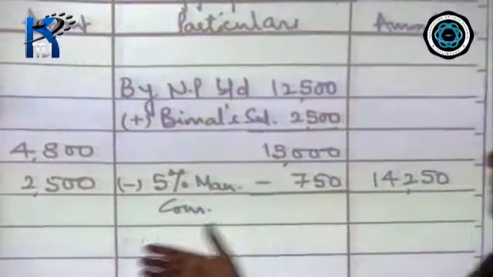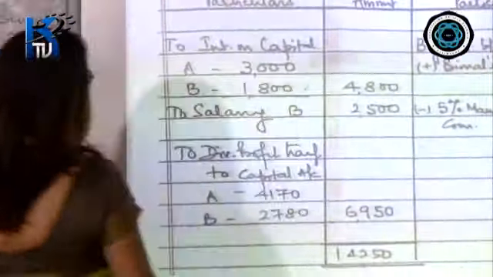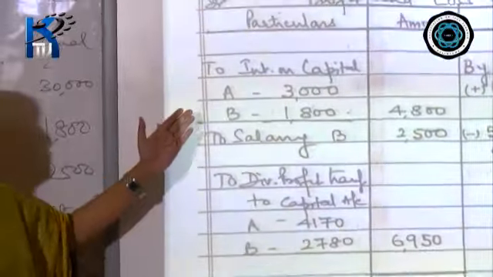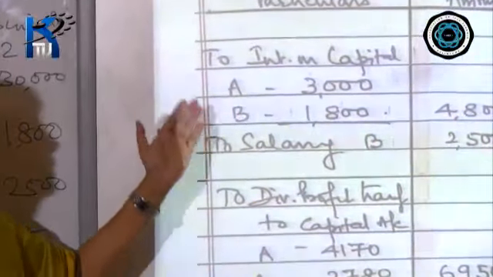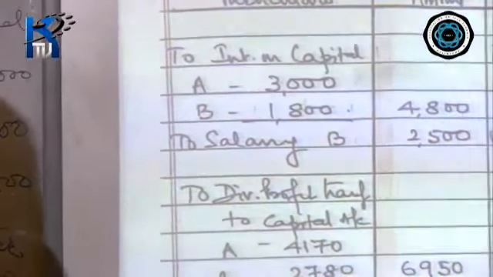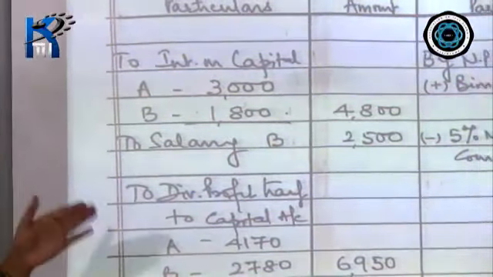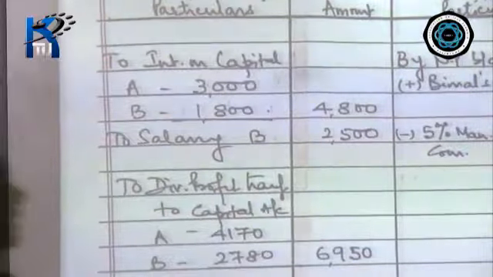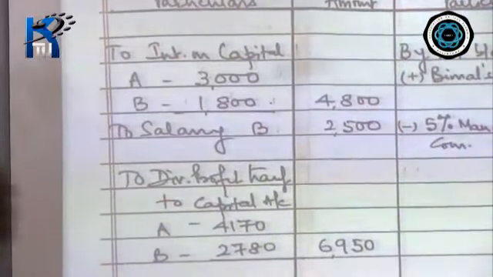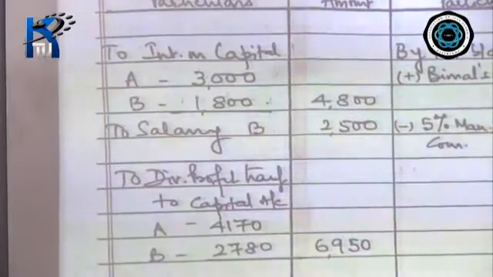And then the interest on capital for A was 3,000. For B was 1,800. We do the total and it comes out to 4,800. Salary to B. Now, because we added back the salary to the net profit, we can give salary to B again, which is 2,500.